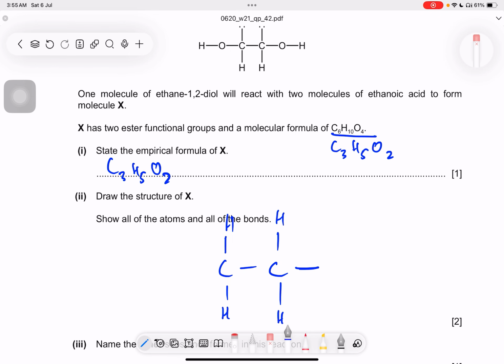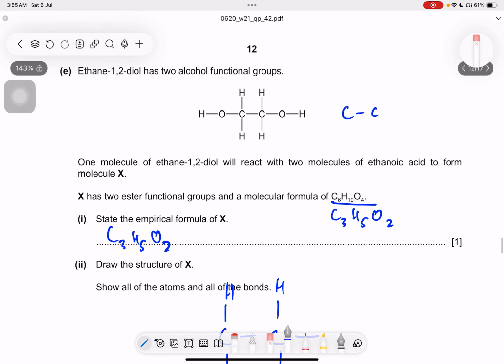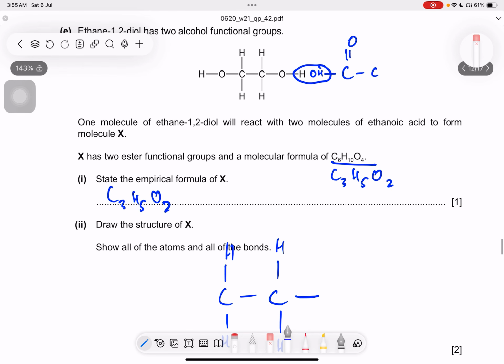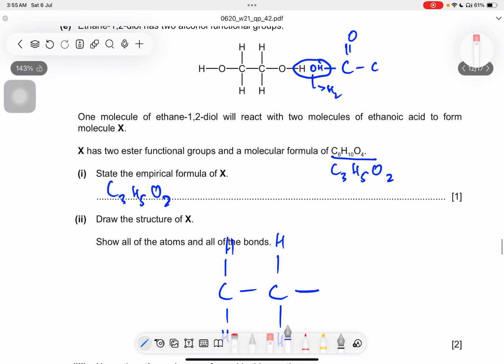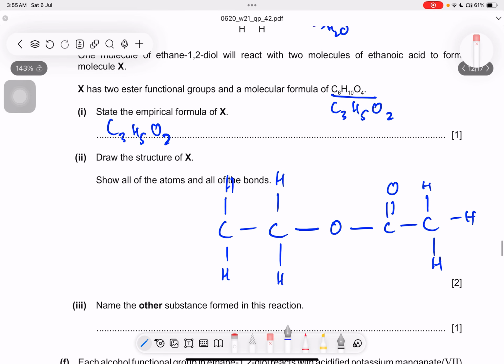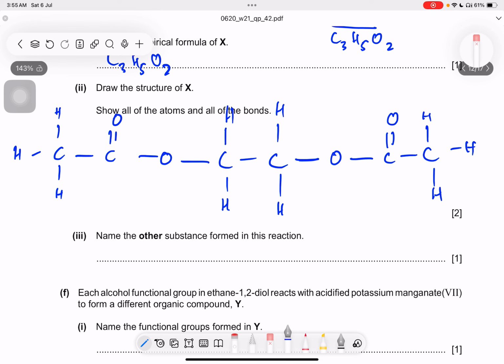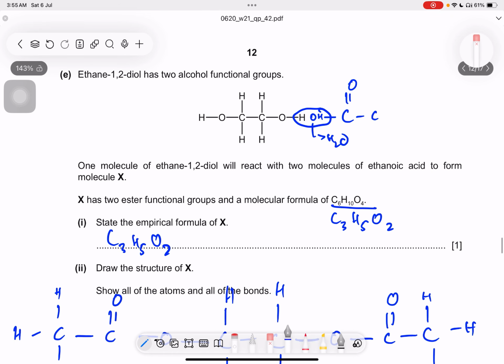If we draw the acid as well, it has OH. So this OH and H goes away, H2O is formed, and this C directly joins to the O. So this O and then this C, O, C, H, H, H. Similarly over here as well. This should be a little bit tricky. Name the other substance formed in this reaction. We already decided water.